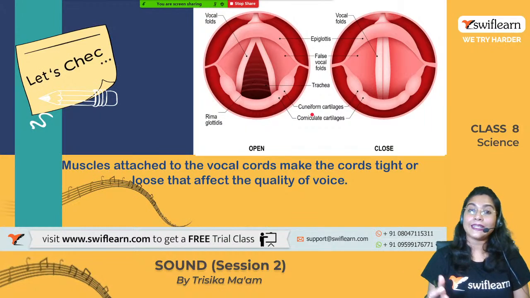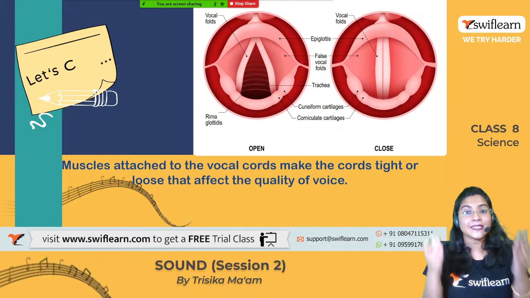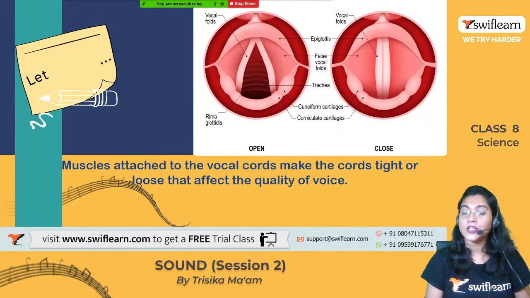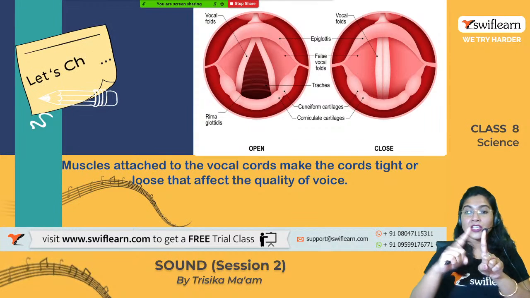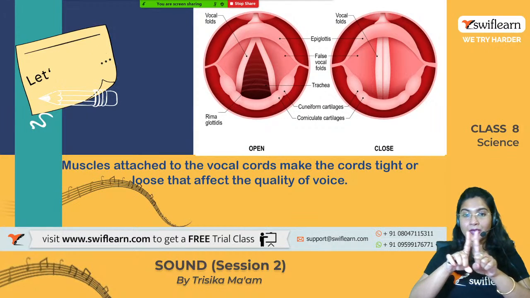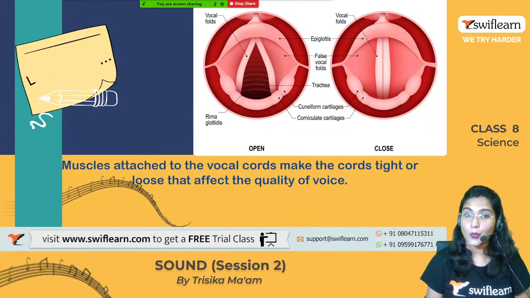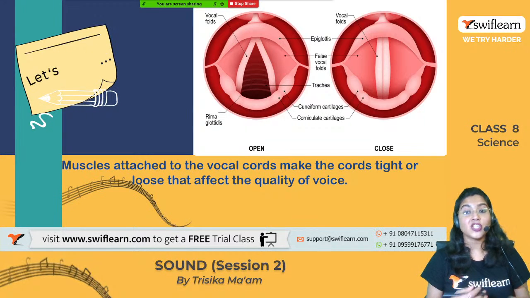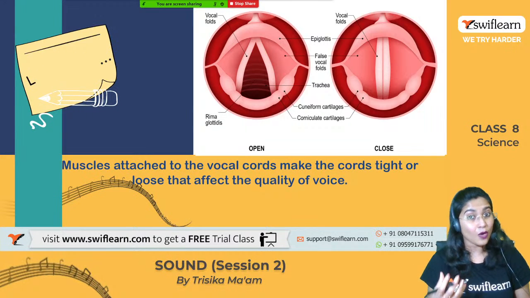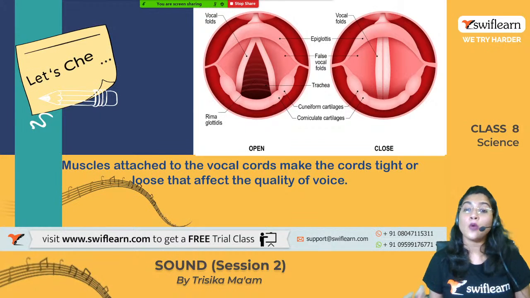So before that, let us focus over here. The same diagram is also given over here. You can see the two slits. Whenever the air passes through the two slits, it will vibrate and produce the sound. The muscles attached to this vocal cord make the cord tight or loose, which affects the quality of the voice.